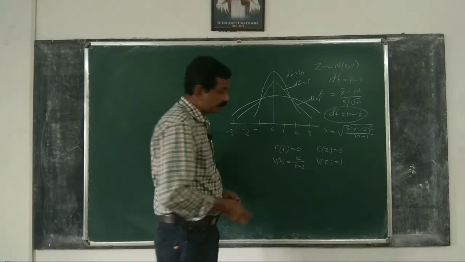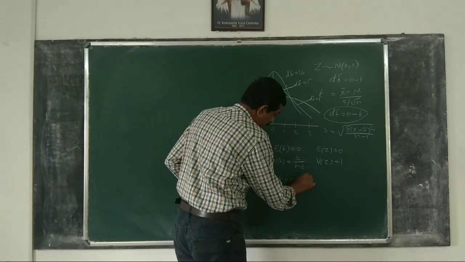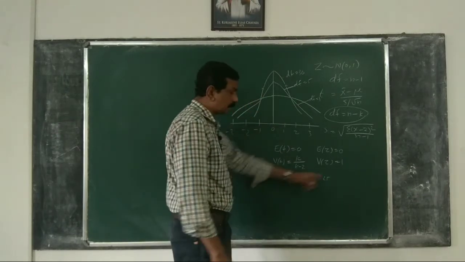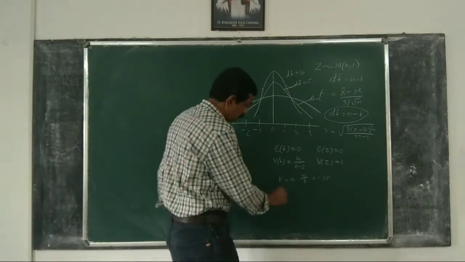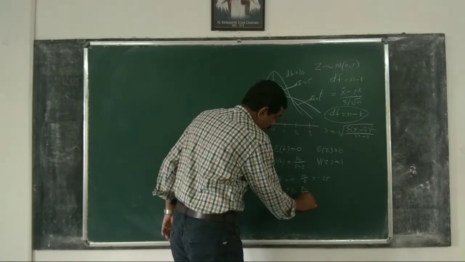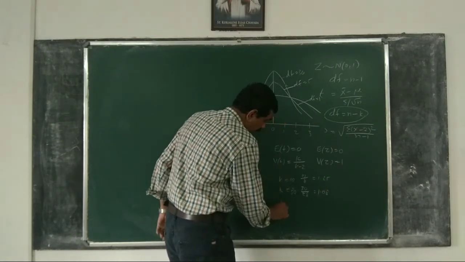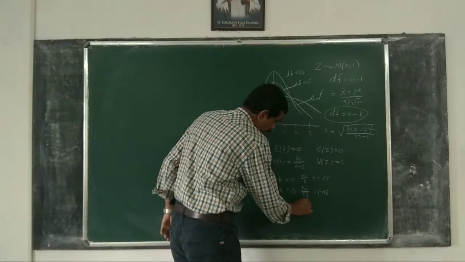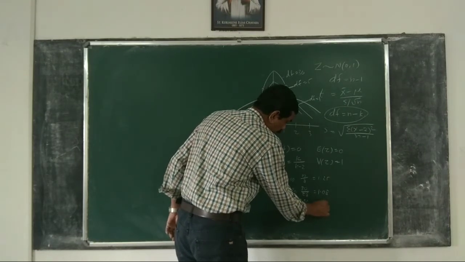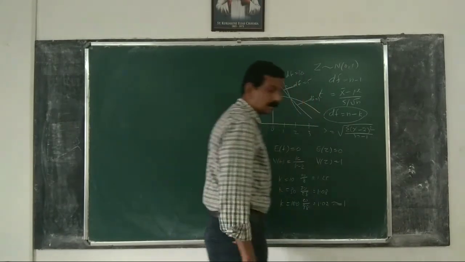Now, when k is equal to 10, it is 10 by 8, 1.25, not equal to 1. When k is equal to 30, it is 30 by 28, 1.08, not equal to 1. When k is equal to 100, it is 100 by 98, equal to 1.02, almost equal to 1.